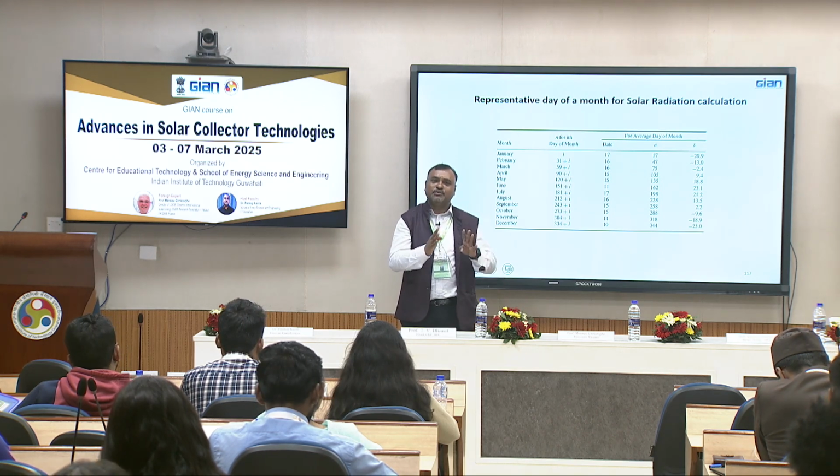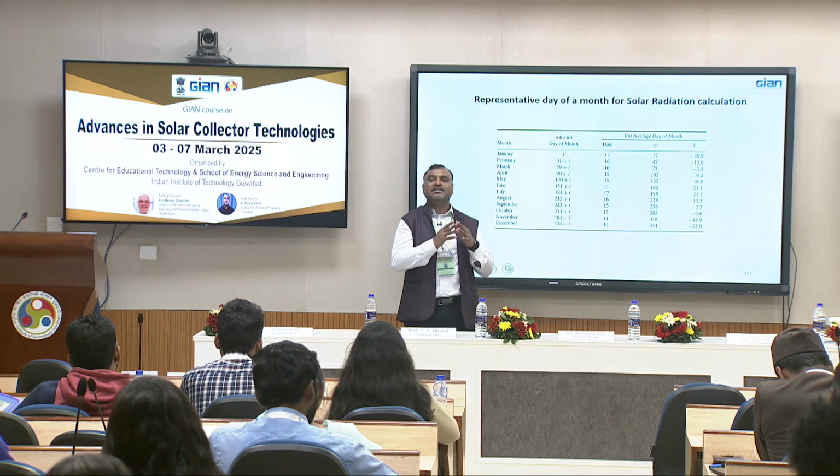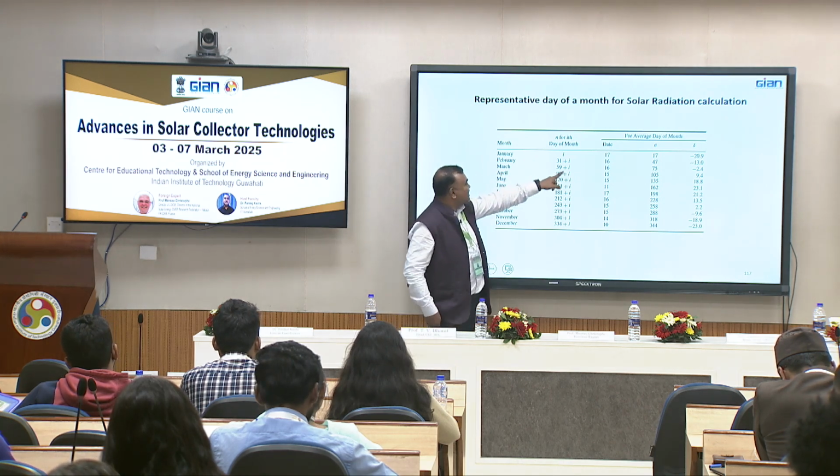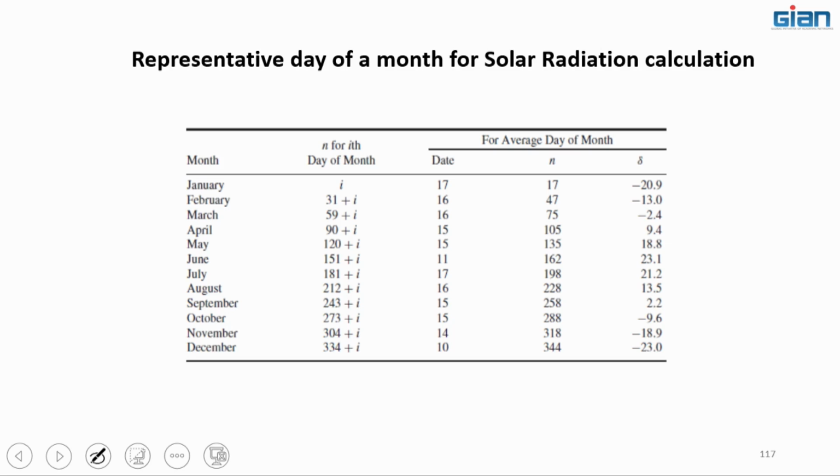That will give you the radiation spectrum of the particular month. That is how it is represented. January it is on the 17th, February 16th, and March 16th, and you can see the dates to be considered to know the representative day for a particular month.